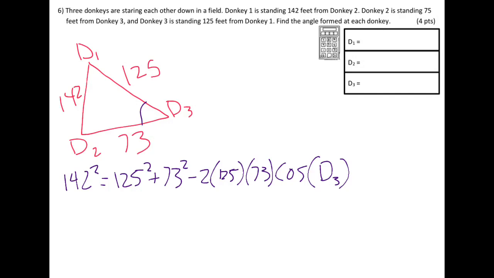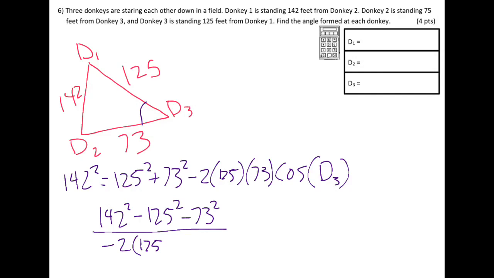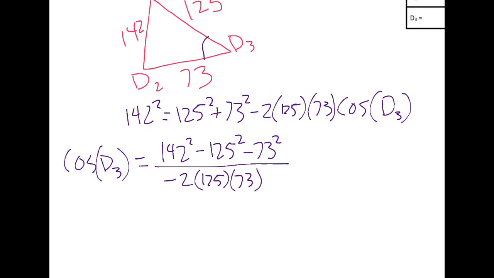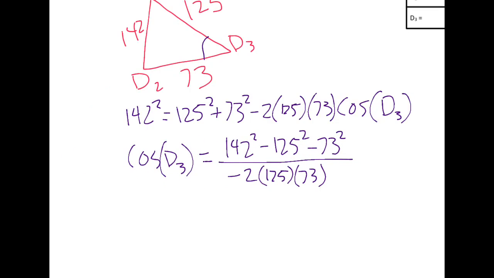So work backwards, solve for cosine of D3 to get 142 squared minus 125 squared minus 73 squared, all divided by negative 2 times 125 times 73, and that will equal the cosine of D3. So then if you want to find D3, you need to take the inverse cosine of both sides.